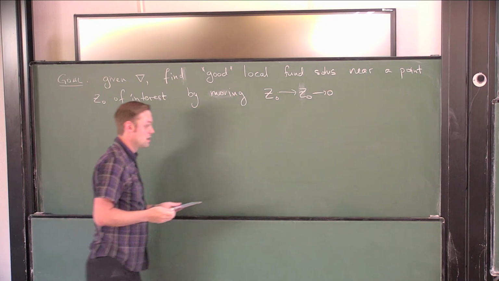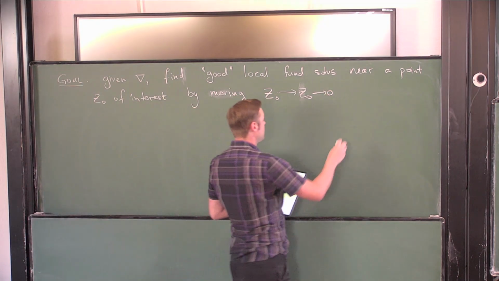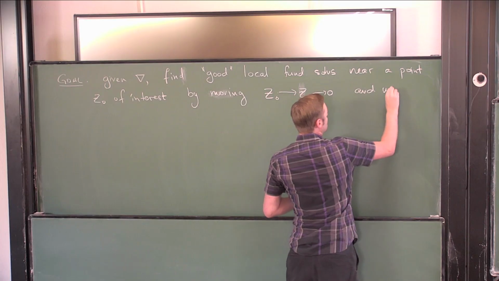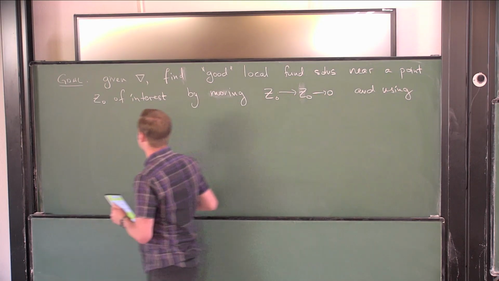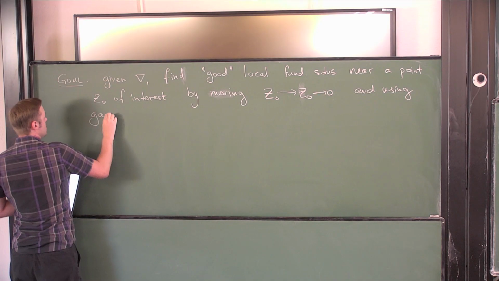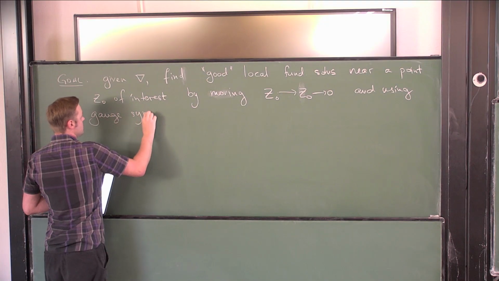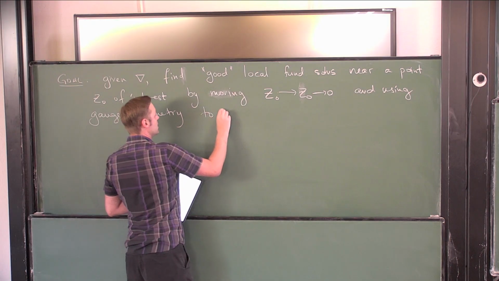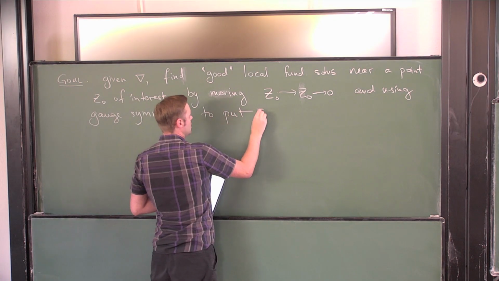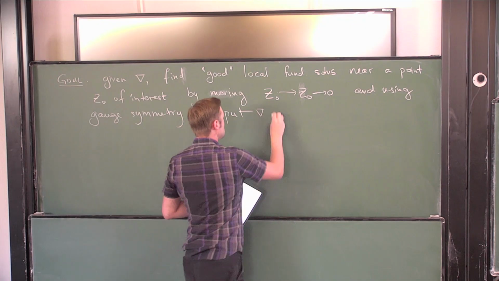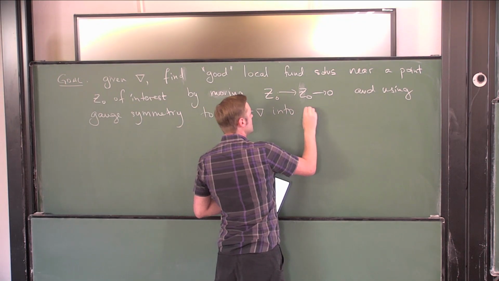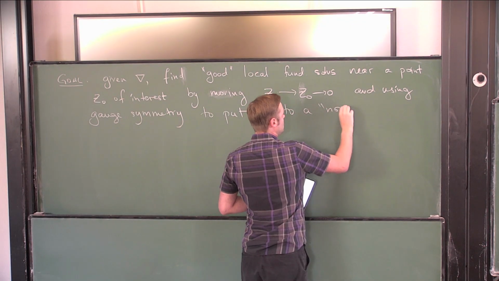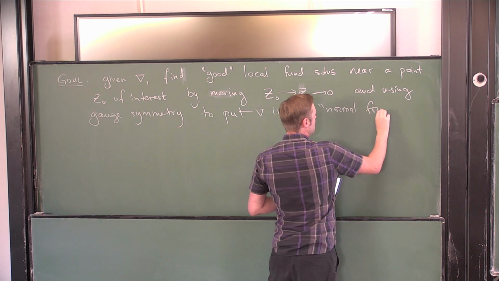Just applying an affine transformation on the z-plane, and then using gauge symmetry to put nabla into some kind of standard or normal form.